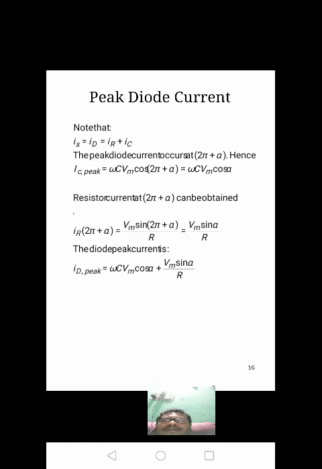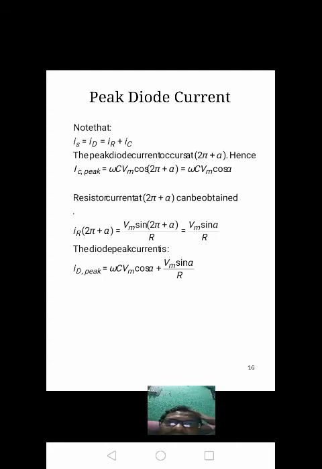Peak diode current. Note that the source current is equal to the diode current, which is equal to IR plus IC. Why? Because the resistor and capacitor are connected in parallel, we can apply KCL and we get IS equal to IR plus IC.